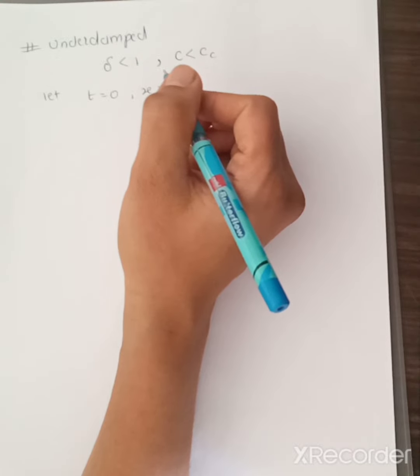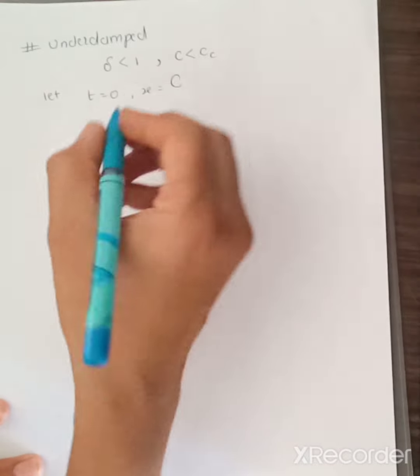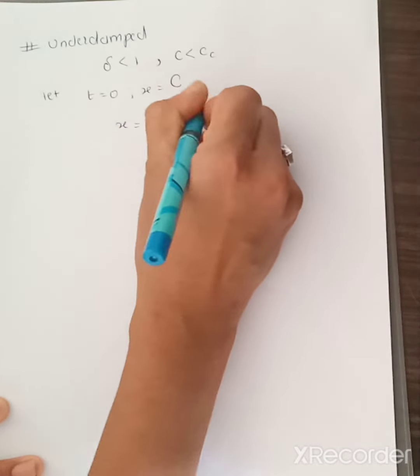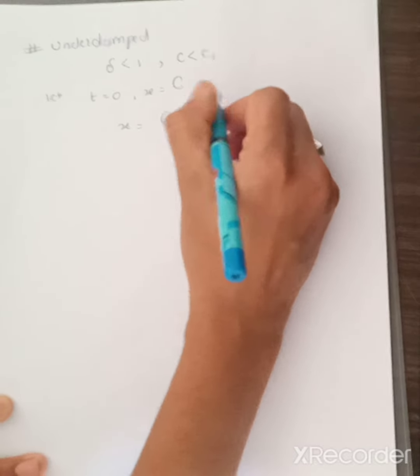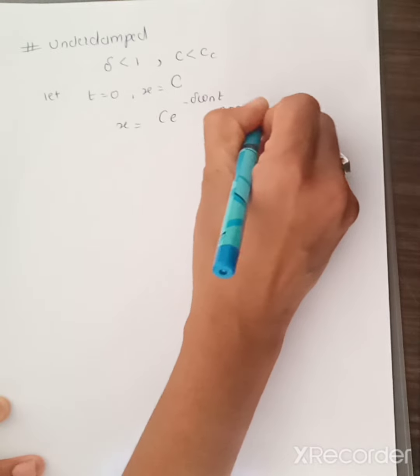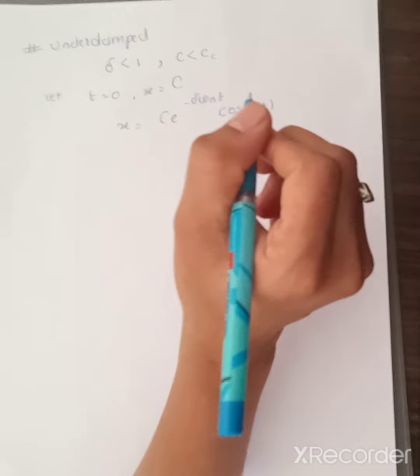In this case we can write our displacement equation as x is equal to C e raised to minus del omega n t cos omega t.